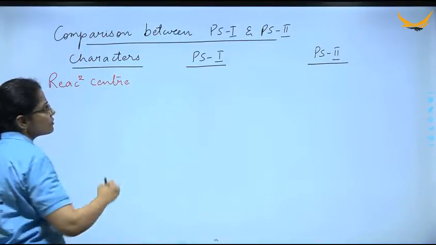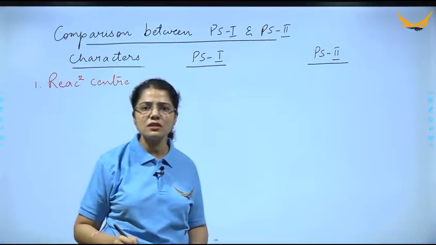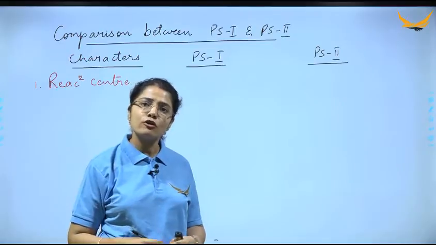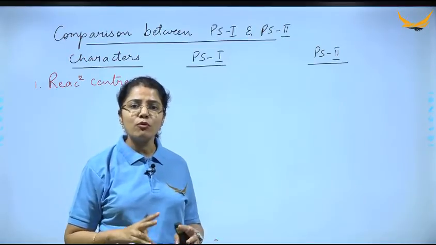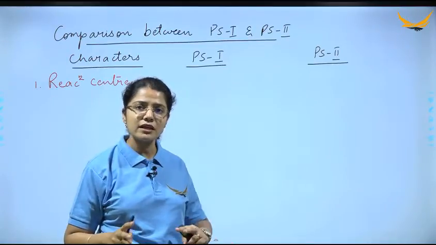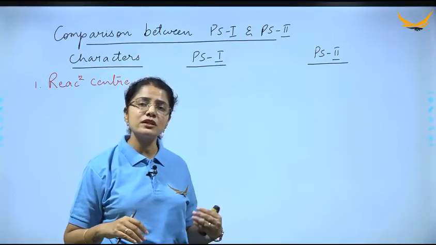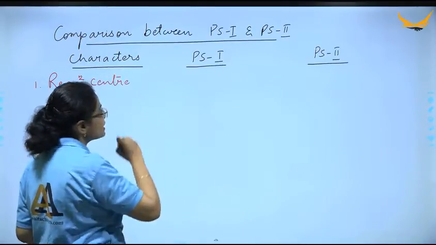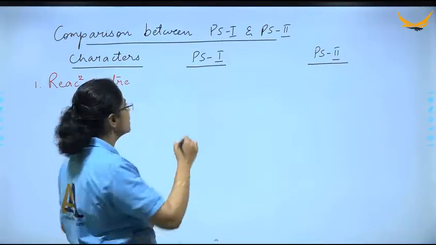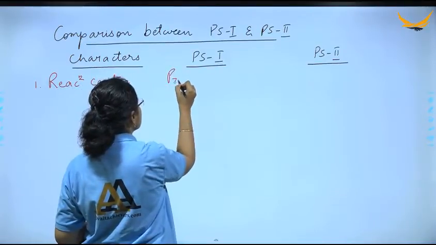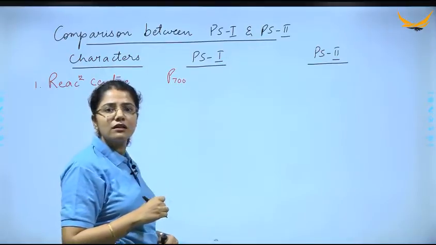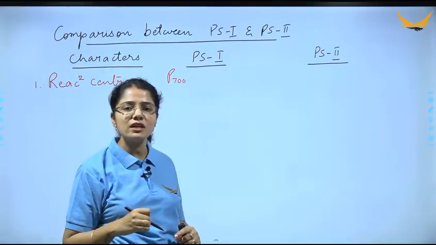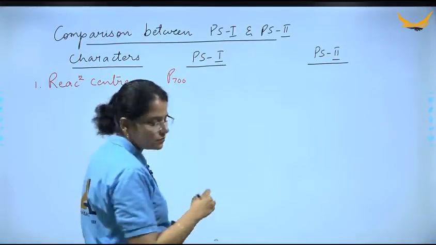So we very well know that in both the photosystems, the reaction center of course is chlorophyll A molecule, but both of them are absorbing different wavelengths. So we need to write that down, that in case of PS1, that is P700, chlorophyll A absorbs 700 nanometer.